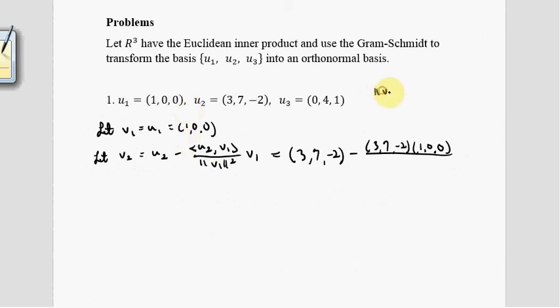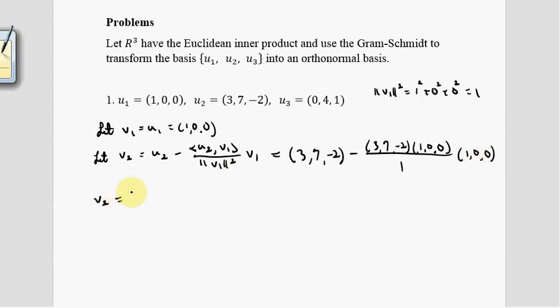Well, the norm of v sub 1 squared is just 1 squared plus 0 squared plus 0 squared. That's just 1. So this is 1, and then this is times v sub 1, which is 1, 0, 0. So we simplify that.